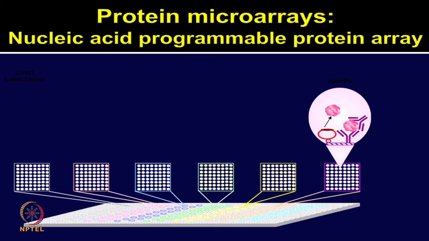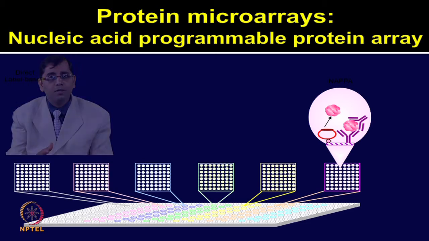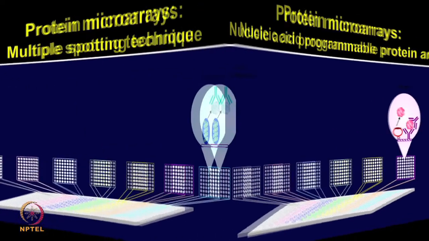Along with that, a capture antibody, anti-GST antibody, was also printed. Protein, after expression using a cell-free expression system, can be captured with the capture antibody.